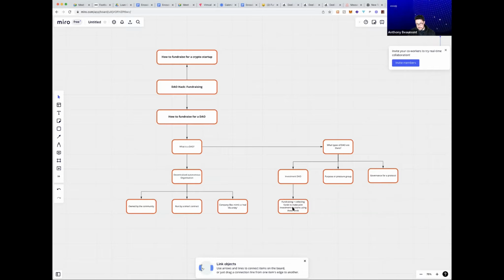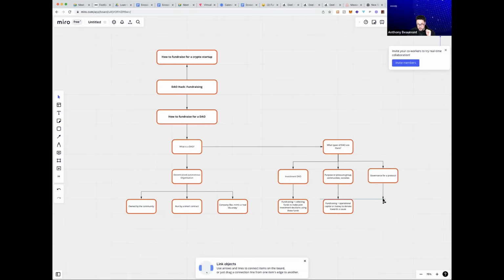That's what fundraising means here. A purposeful pressure group means things like Constitution DAO, Ukraine DAO, communities, and I think we can also add societies in here. Fundraising here means operational capital, or money to donate towards a cause.